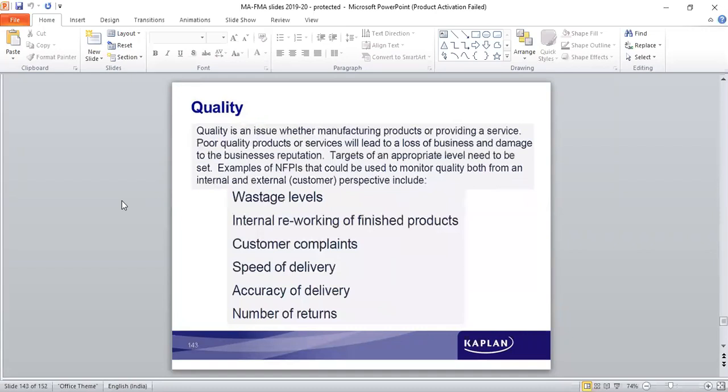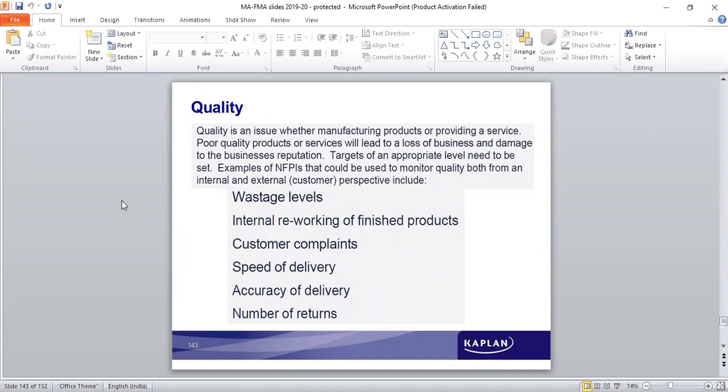So that is also to be measured, non-financial performance. Then they talk about quality. Quality is an issue: maintaining the best aspect in the organization in terms of producing their products and services, the best methods which are adopted to ensure that there is no defective product produced, no low quality of service provided.